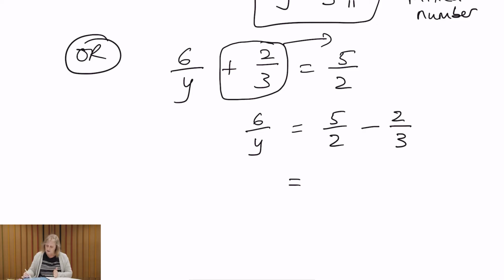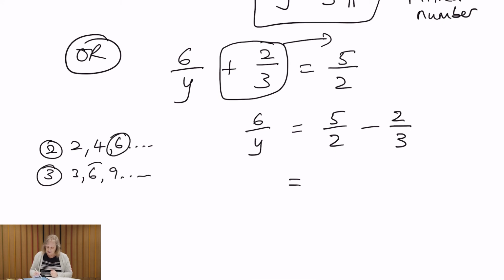Here our denominator is 2 and this one is 3. The multiples of 2 are 2 times 1, 2 times 2, 2 times 3, and so on. The multiples of 3 are 3 times 1, 3 times 2, 3 times 3, and so on. We can see that they match at 6. So this is the lowest common denominator of 2 and 3.